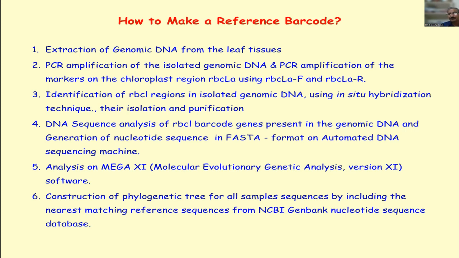Then I will obtain FASTA format for all 14 species and enter them into MEGA11, and that software will construct a phylogenetic tree based on their evolutionary relationship, how similar, how distant they are. Only a click of a button after feeding what sort of tree you want: rooted or not rooted, cladogram, phylogram, whatever you want. If you give all this information, just by pressing a button, immediately that phylogenetic tree will be constructed.